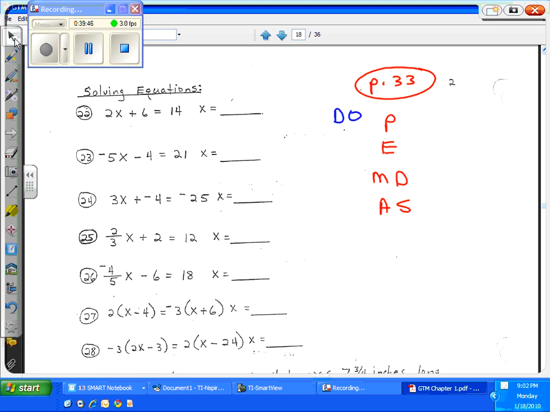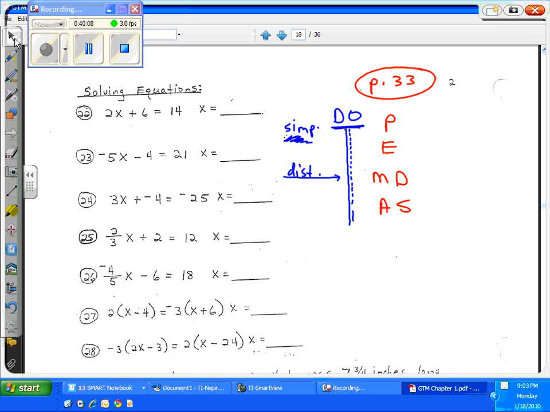And then there's 3 parts to the horseshoe. We say, is there anything that you can do to simplify the expression in the order, please excuse my dear Aunt Sally. And when you get to multiplication and division, we say looking for distributive property.